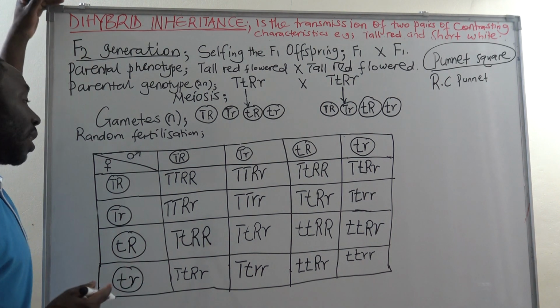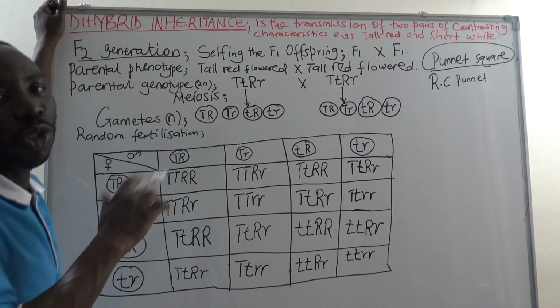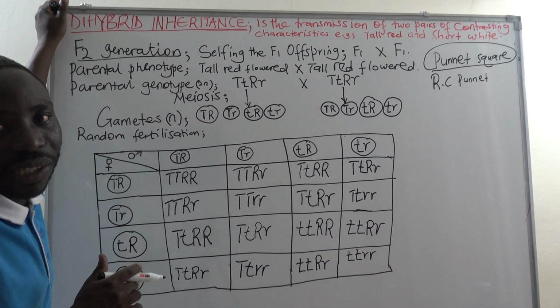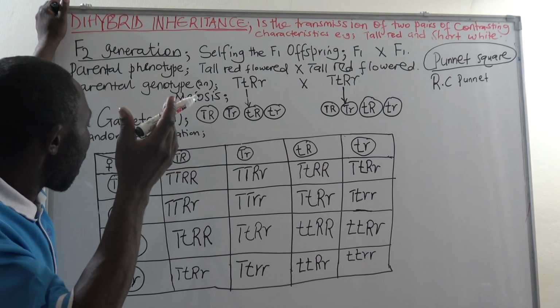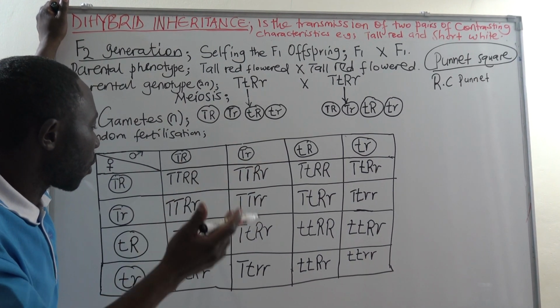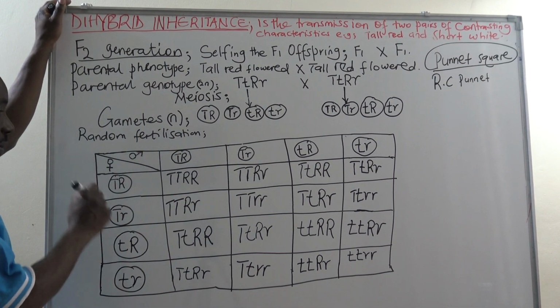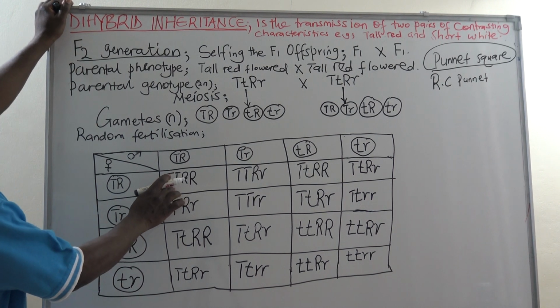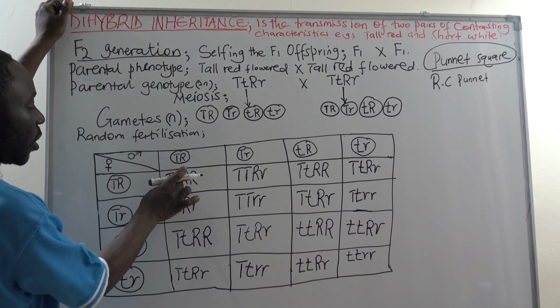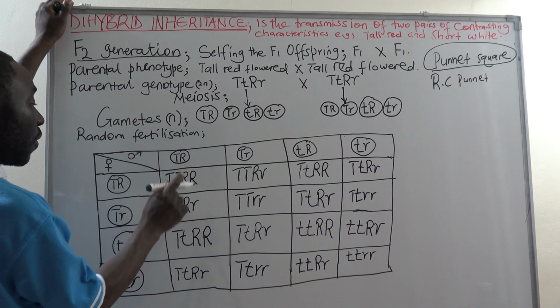So other than writing full words there, we can give them specific marks, which will then help us to identify the possible phenotypes of the offspring. Now, this one is tall. It is tall and red. There it is tall and bears red flowers.